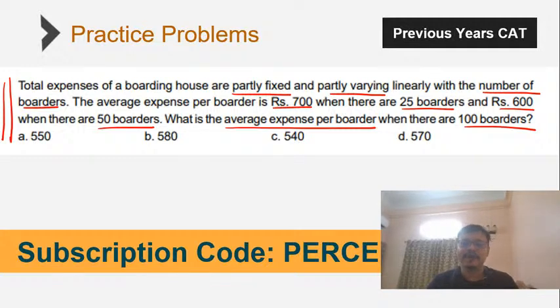So you need to identify the average expense per boarder when there are 100 boarders. What they've given you is a scenario where there are 25 boarders and when there are 50 boarders. This is the average expense per boarder, not the total.